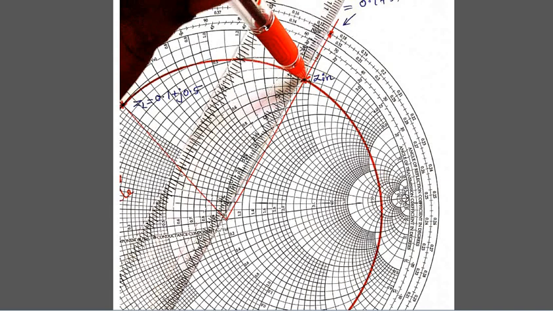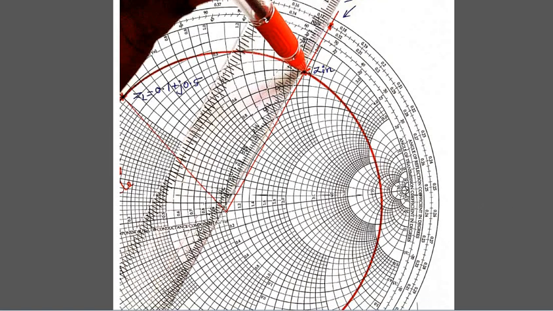What is the Z in value? See this Z in. What does this arc indicate? This arc is relevant to the, not clear here, 0.4 real axis, and this point is going to cut the reactance component, which will be equal to 1.9. I will show that in the next graph.